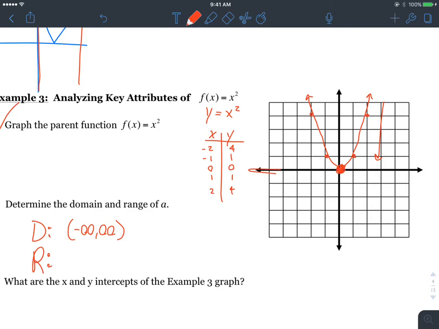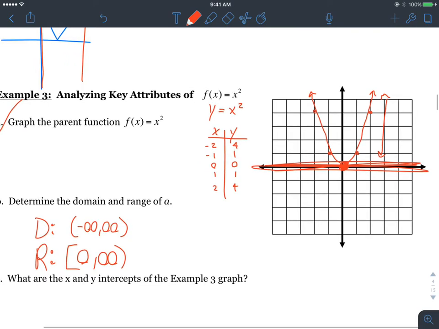That lowest y value is actually at 0. So we're going to say it goes from 0 and then it goes up forever, to positive infinity for the range. And for this 0 we're going to put a bracket there because that should include that point right there.